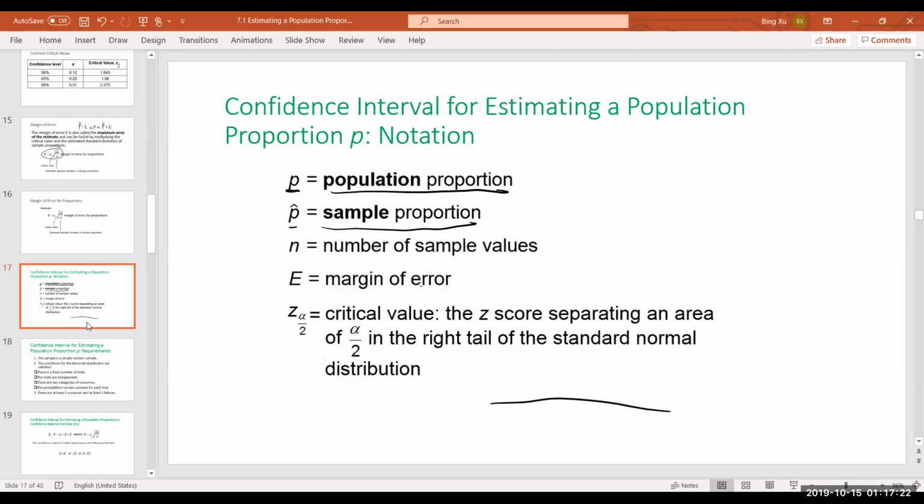If you have a bell curve, alpha is the area in the tail, so each tail will be alpha over 2. Z alpha over 2 is the Z value over here, basically.